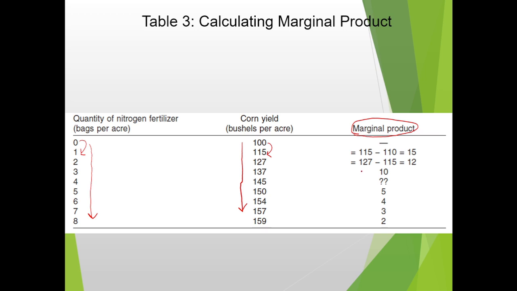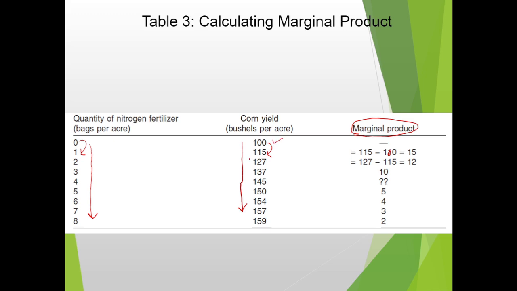Over here, some calculations have been done as well. You can have a look at it. Here's a mistake actually. This is 100. When the quantity of nitrogen fertilizer was 0, we were not using any nitrogen fertilizer, we were still producing 100 bushels per acre.